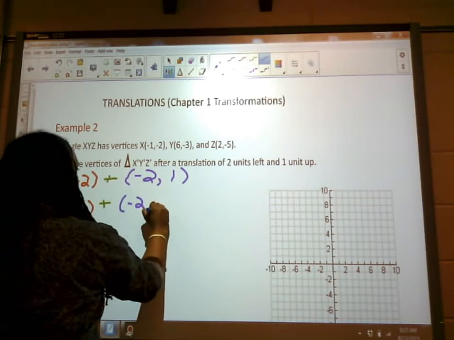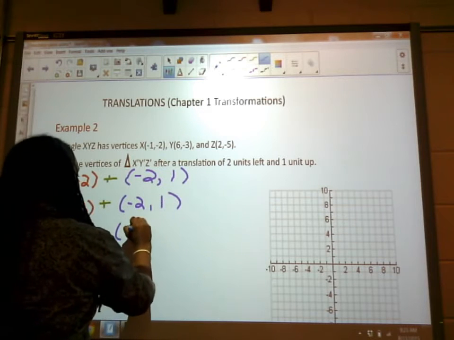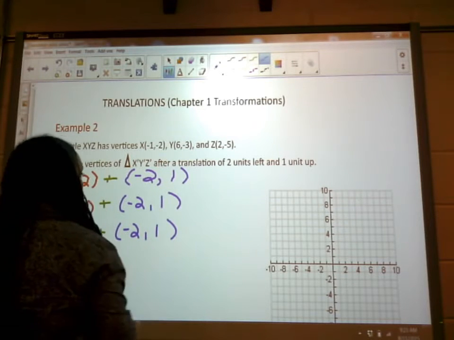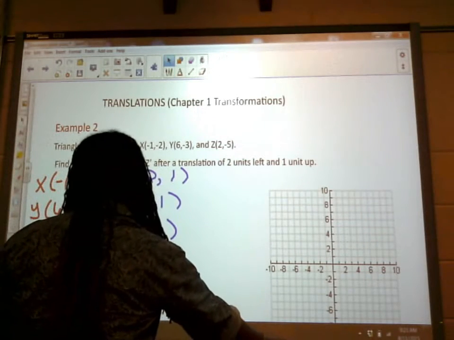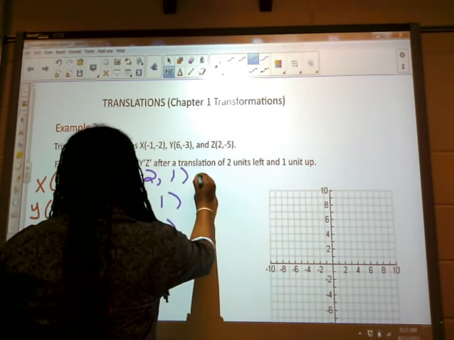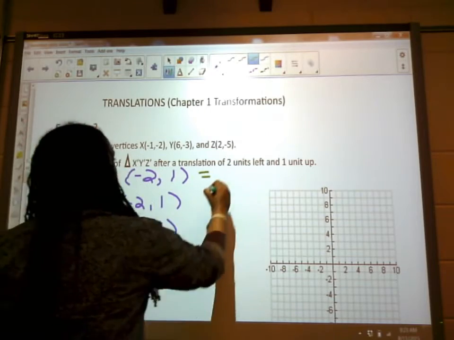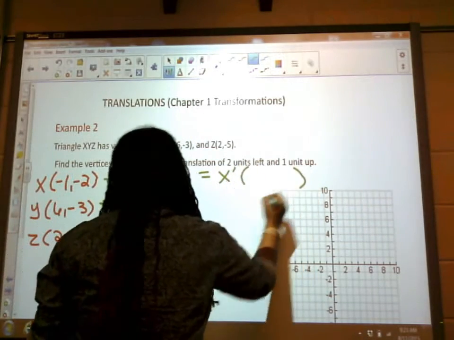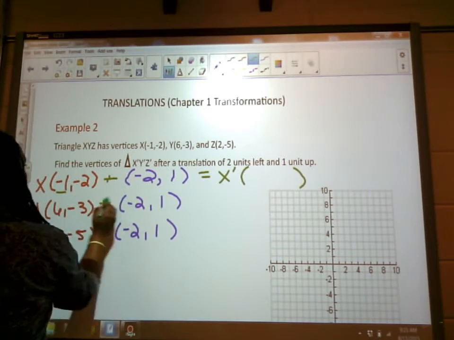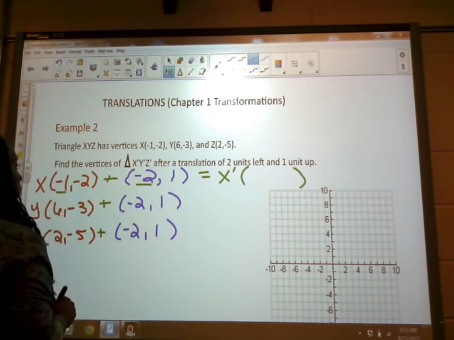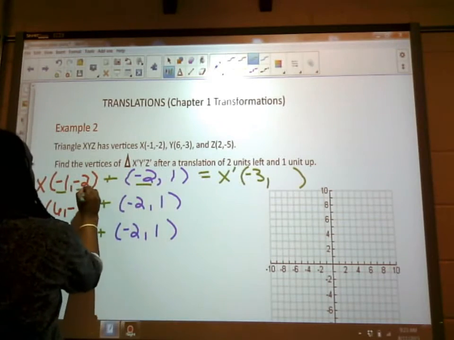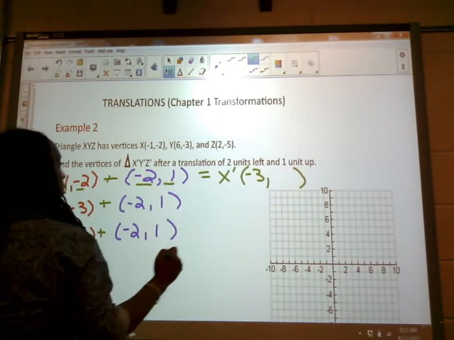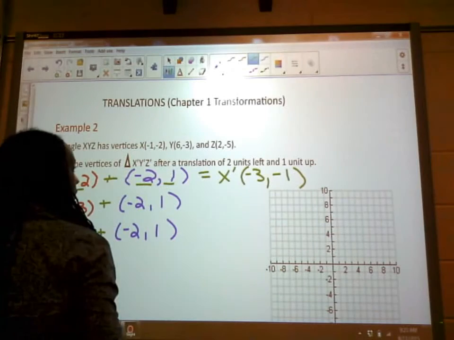So I will be using that translation point for all of my ordered pairs. This is where your integer rules come up. Alright, so we're going to put x's with x's and y's with y's. So, in order for me to get X prime, I'm going to put -1 and -2 together. -1 and -2 is -3, and -2 and +1 is -1.